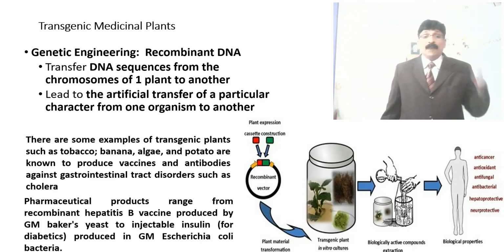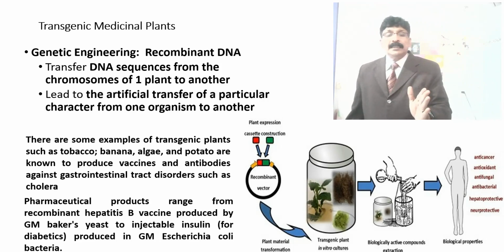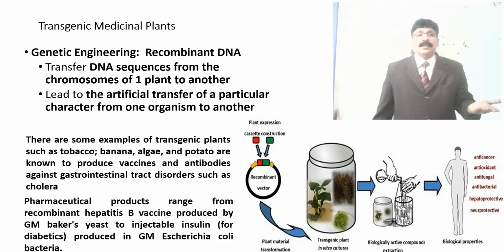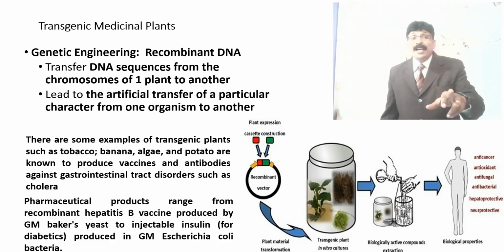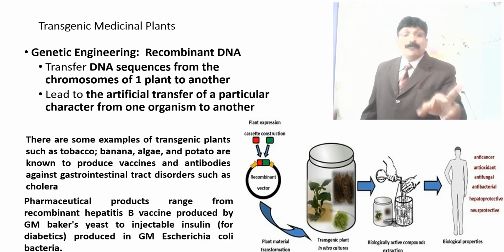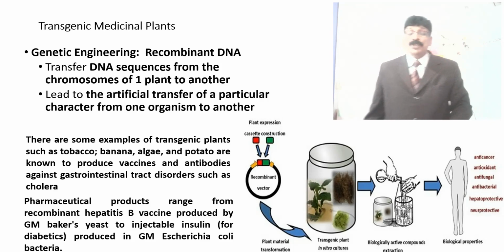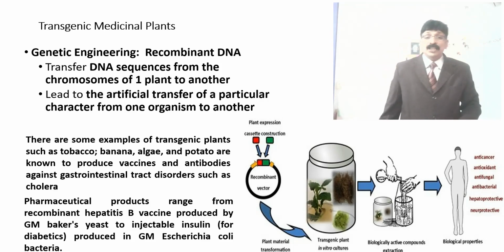And pharmaceutical products range from recombinant hepatitis B vaccine produced by gene modified Baker's yeast. GM means gene modified, coding modified, adjusted, recombinant DNA, gene modified Baker's yeast, to injectable insulin for diabetes.